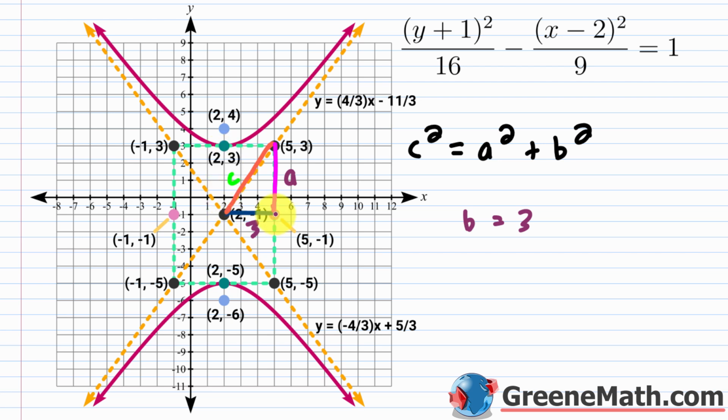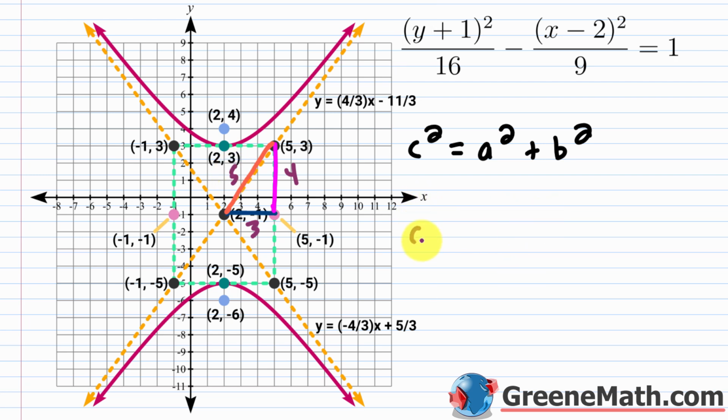Well, here we're going from (5, -1) up to (5, 3). So the vertical distance there is going to be the same as this one right here, right? So we did that one earlier. This length right here is going to be a, and again, that's the principal square root of 16, which is 4. So if this is 3 and this is 4, we know from the Pythagorean theorem, this is 5. And again, we just confirm that by using our distance formula. You can always plug in if you need to.